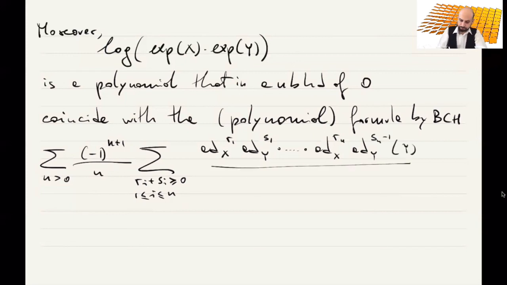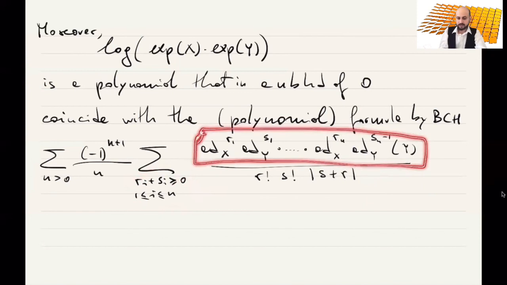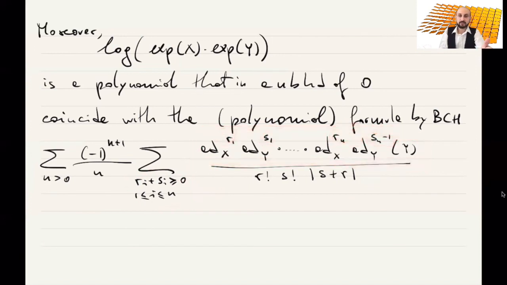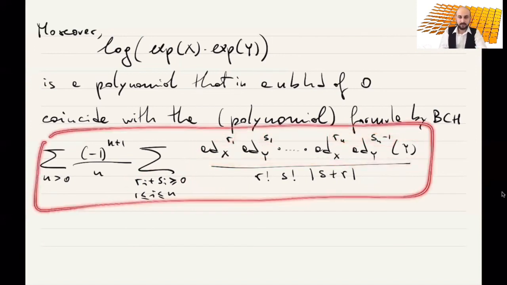This is divided by r factorial, s factorial, and then the norm of s plus r. Let's not forget, I might have made some mistakes in the indices, but what's important is that this formula exists. Now we have nilpotent matrices, and therefore as soon as the indices are too large, this is going to be 0. So this formula is a finite sum in the case of nilpotent Lie groups.